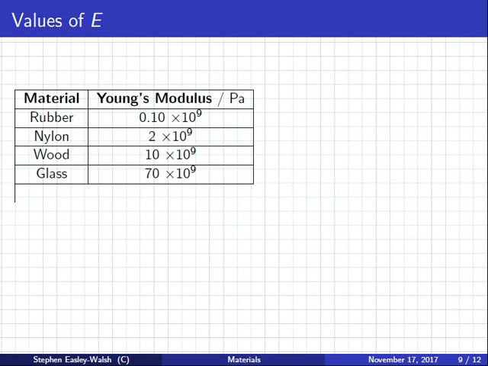Next material after glass is brass. What's brass? It's a metal that looks like copper, but it's not copper. Oh goodness, what is brass made of? It's copper and zinc, is it? The two mixed together?